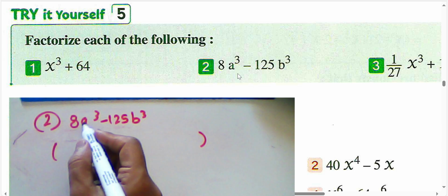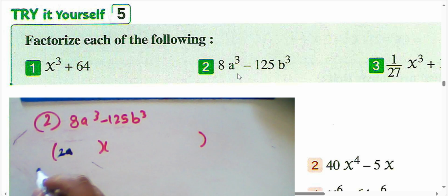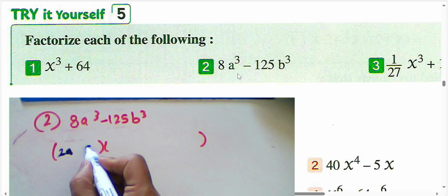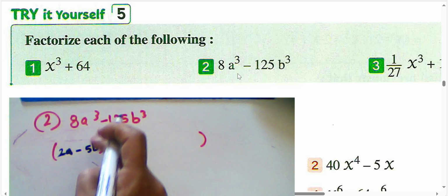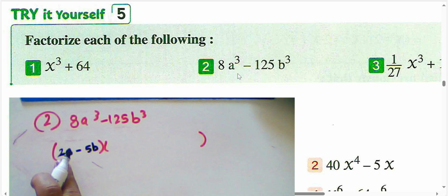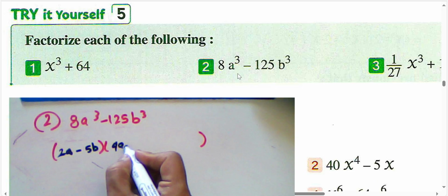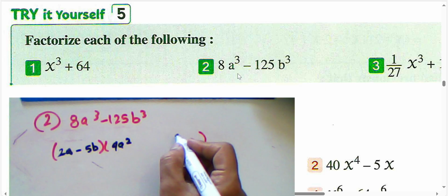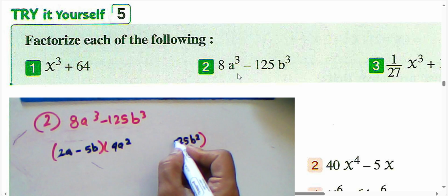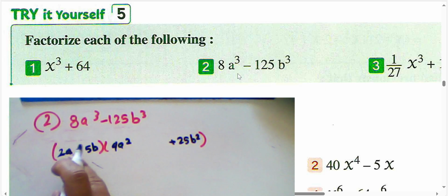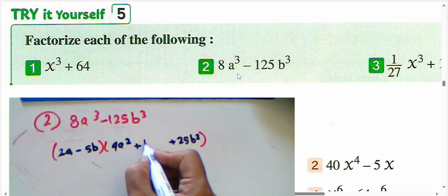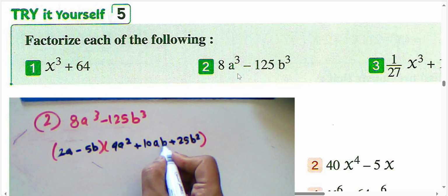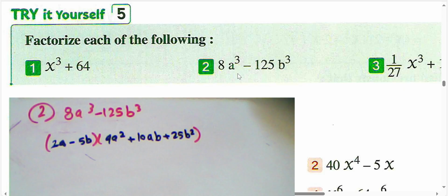The cubic root of 8a power 3 will be 2a, and the cubic root of 125b power 3 will be 5b. Subtract here like this, and then write 2a power 2, it will be 4a power 2, and 5b power 2 will be 25b power 2. And in the middle, first times second, change the sign, it will be positive. 2 times 5, 10ab. That's question number 2.